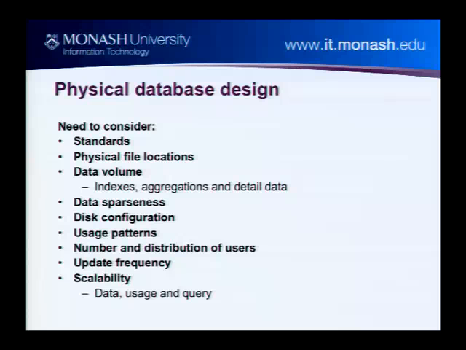Even having made those broad architecture decisions, you may find that you've got several servers, perhaps different user groups in different geographical locations, and how you physically split up and partition the data will directly influence the performance that you get. Ideally, you want data physically located close to the people who most frequently access that data.